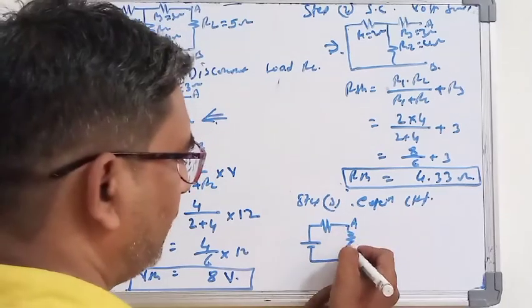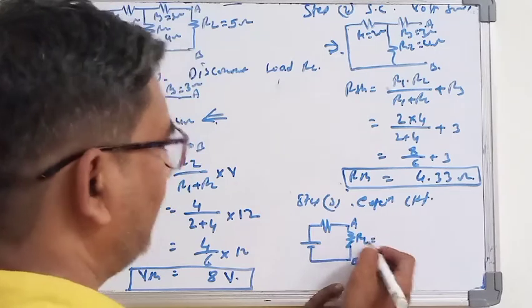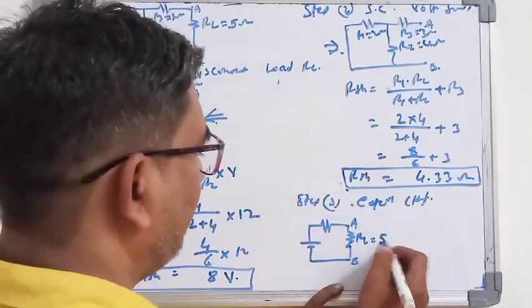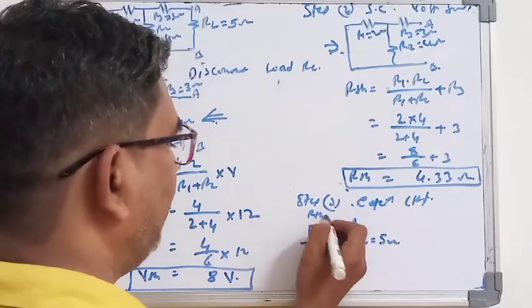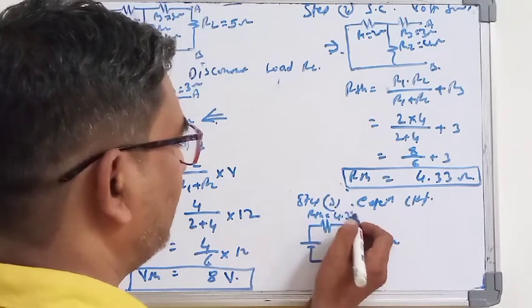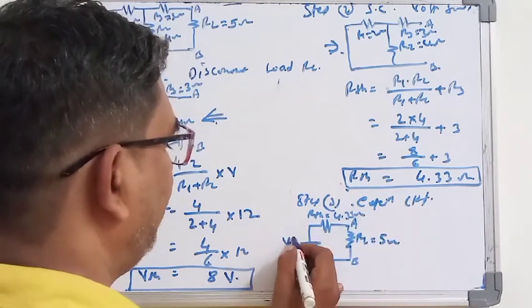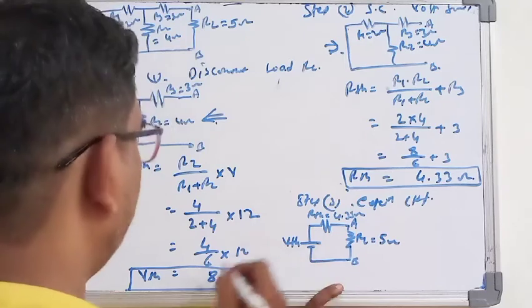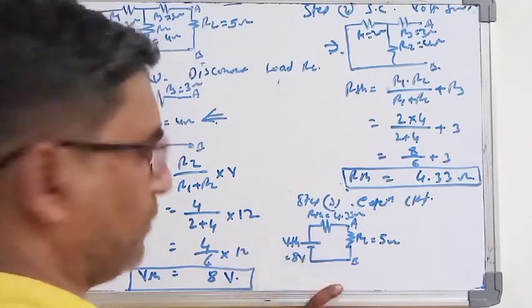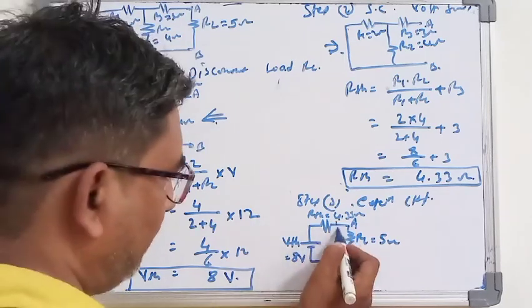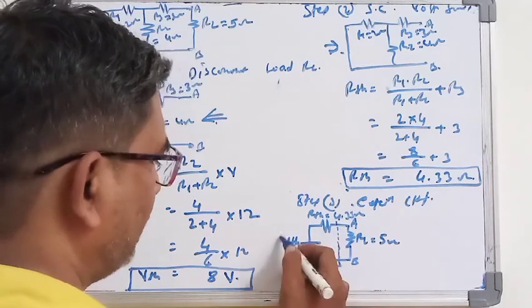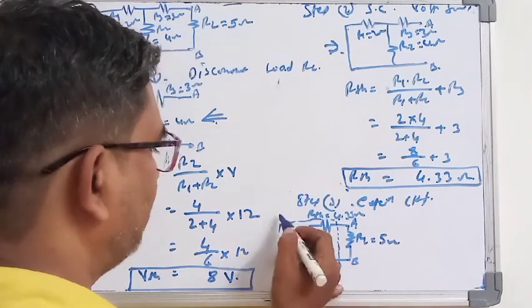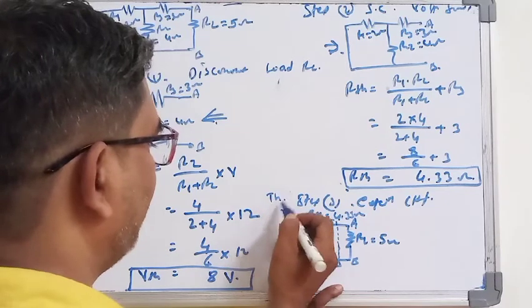We have to draw the load resistance, of 5 ohms. RTH value is 4.33 ohms and VTH value is 8 volt. Okay, you have to make boxes like this so that it is clearly understood that it is a Thevenin's network.